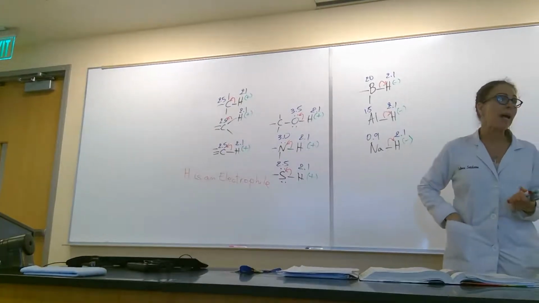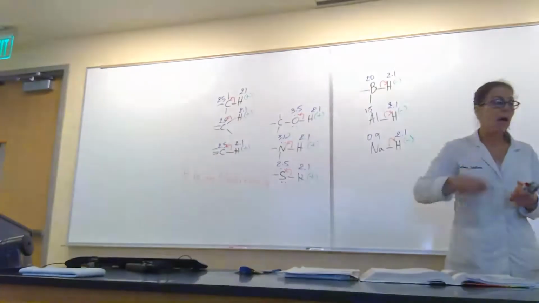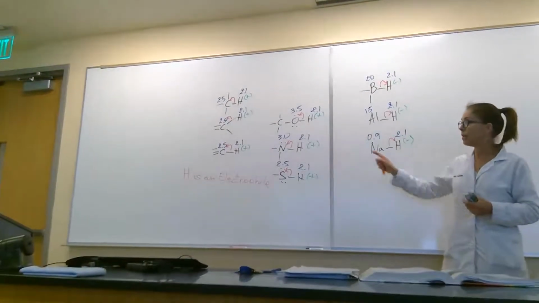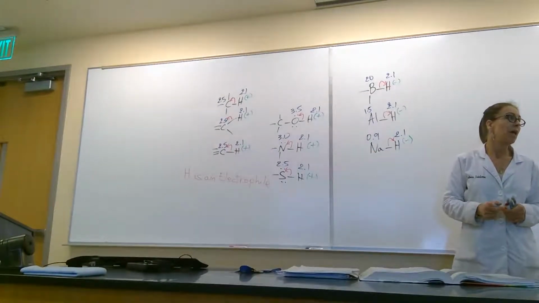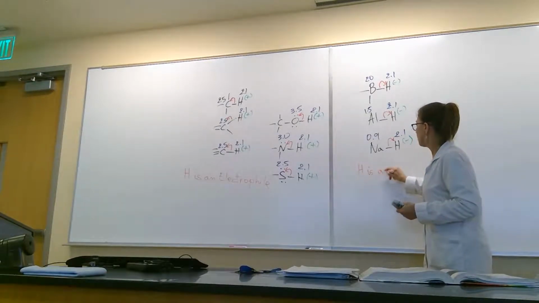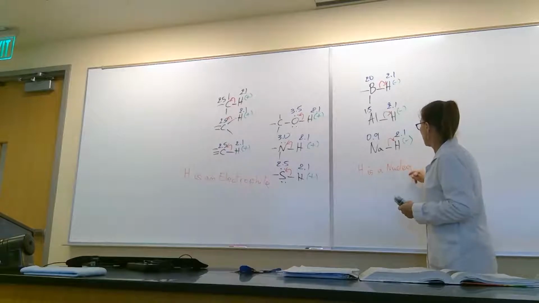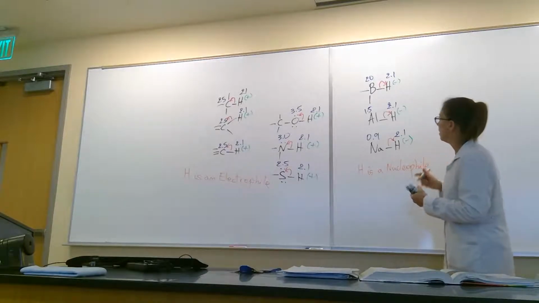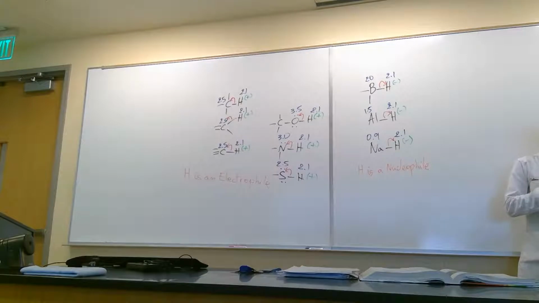So it's all about acid bases. In here, hydrogen is going to be that base. In there, H is going to be the acid. So here, H is the nucleophile. Now, let's see.